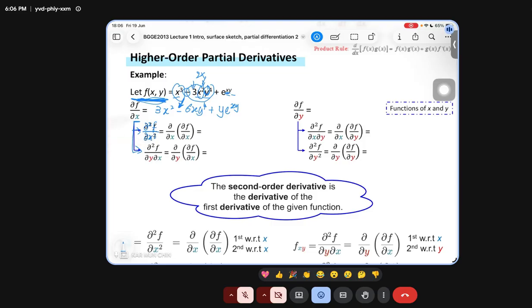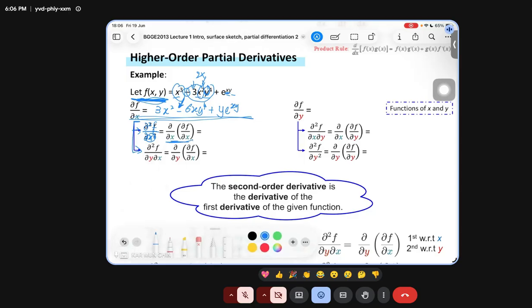This one is to differentiate this again with respect to x. Sorry, I'll change to red color. So differentiate this with respect to x, and we can do it together.